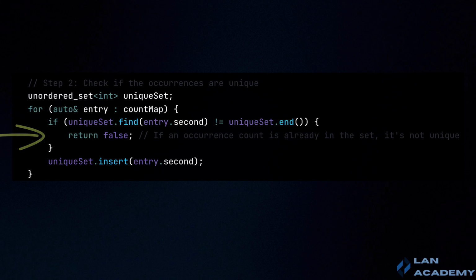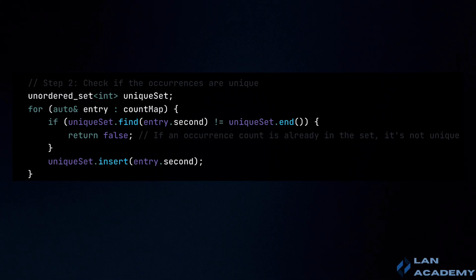I search for entry.second in uniqueset using uniqueset.find of entry.second. If entry.second is found in uniqueset, meaning if the expression uniqueset.find of entry.second isn't equal to uniqueset.end is true, it means that this number of occurrences is not unique, and so I return false.